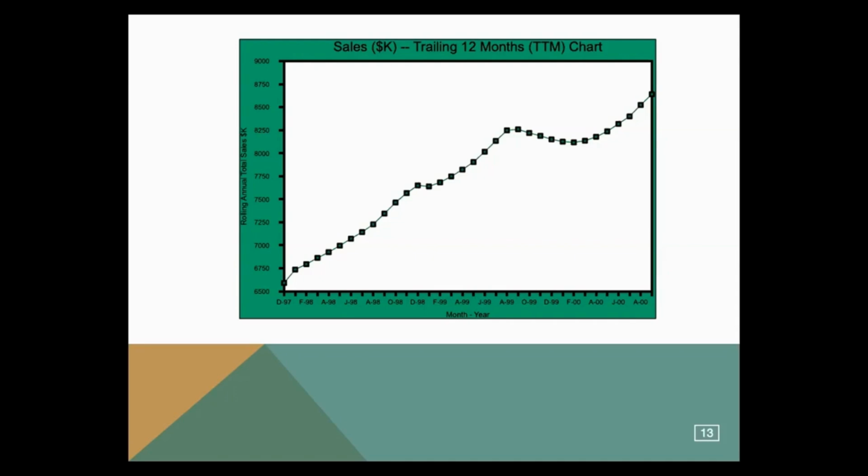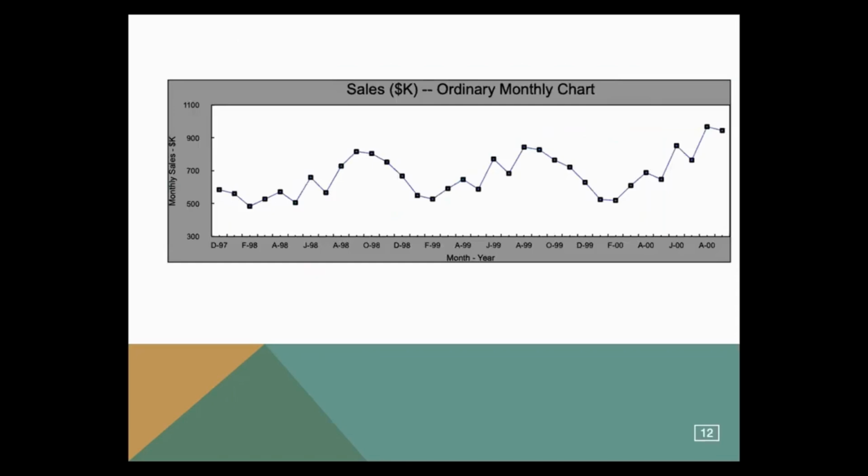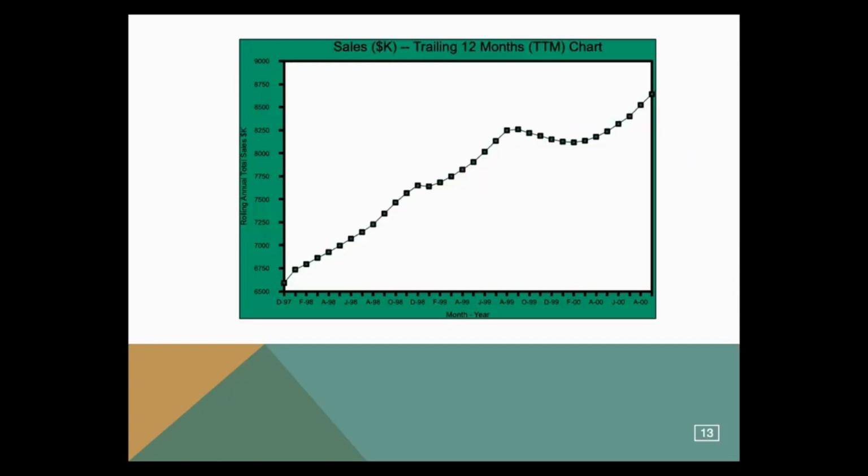Always a 12-month window. What that does is, using the trailing 12-month chart, essentially we eliminate seasonality in the chart. Remember, here we had all sorts of seasonality. Here, there's no seasonality because we're looking at 12 months of data in each data point rather than 1 month of data. So let me pause for a moment. Does that make sense to everyone?